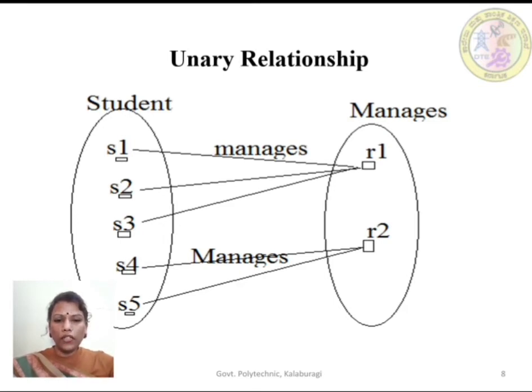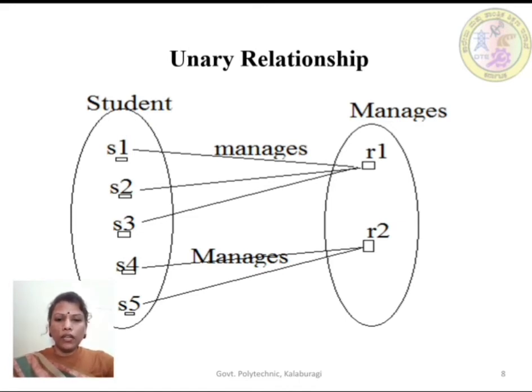Here, R1 is nothing but S1 manages S2 and S3. S1 is associated with the same entity type, S2 and S3. That means the student entity type is associated with the same student entity type.